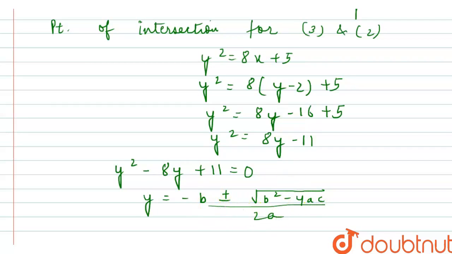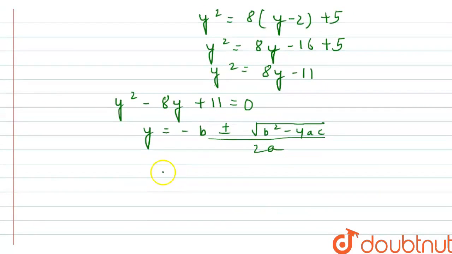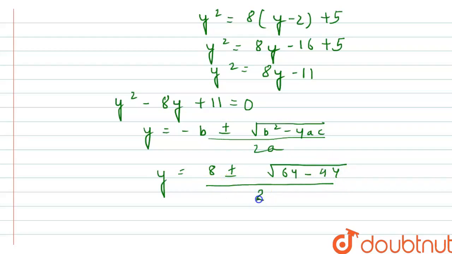So let's calculate it further. y is equal to, b is minus 8, so it would be 8 plus minus under root of square of 8 is 64 minus 4 into a into c turns out to be 44, and in the denominator it would be 2 only, because the value of a is 1 here. Solving it further, I get 8 plus minus under the root of 20 upon 2.